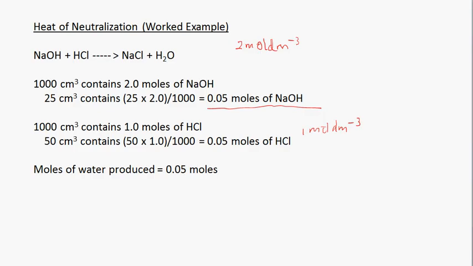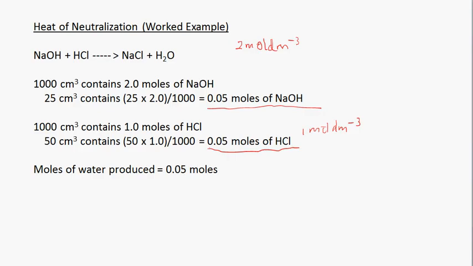So we write up our statement as 1000 cm cube contains 1 mole of hydrochloric acid. Therefore, 50 cm cube contains 50 multiplied by 1 divided by 1000. So we get 0.05 moles of hydrochloric acid.